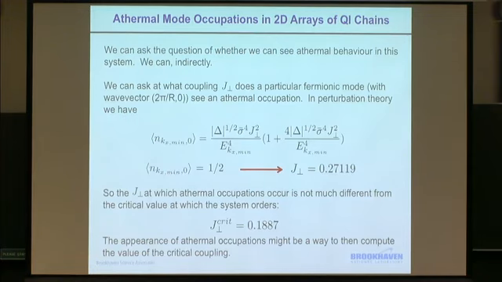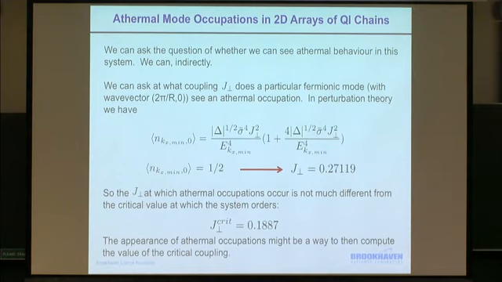At the very lowest order in perturbation theory, this is the expression for the mode occupation. And then you can ask, at what value of J perp does the mode occupation become athermal? You get this for an answer, J equals 0.27, whereas the critical value is 0.18. This is low order perturbation theory, but you don't get such a bad estimate of the critical value.